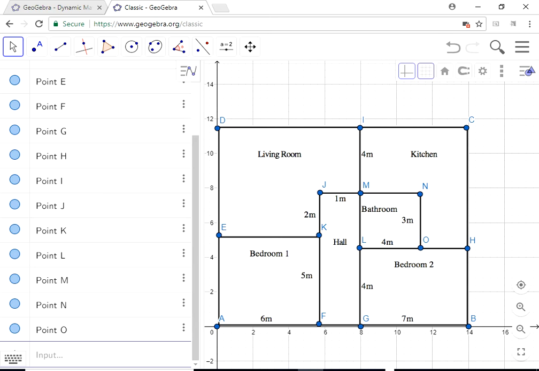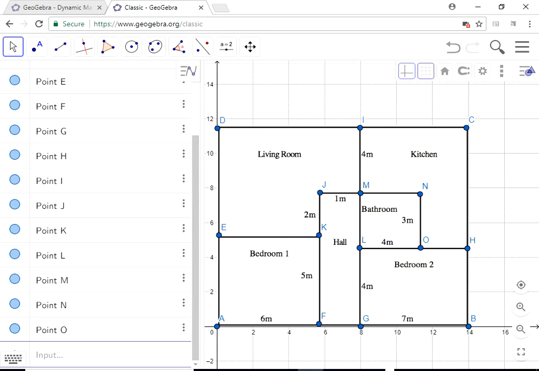So you take all the lengths that we do know now, and we're just going to add them together. We know A to B is 14. That means D to C is also 14. B to C is 11. And A to D is 11.